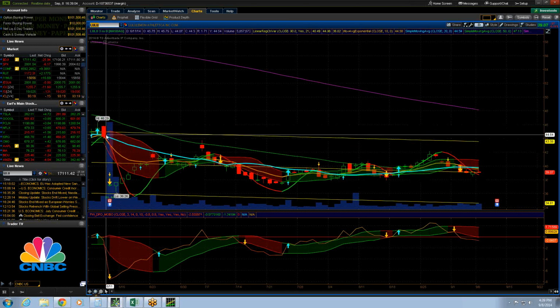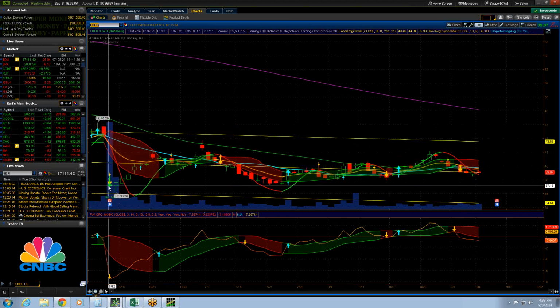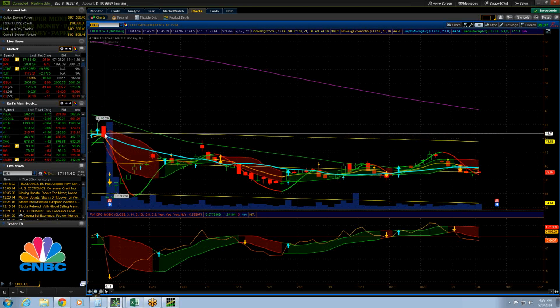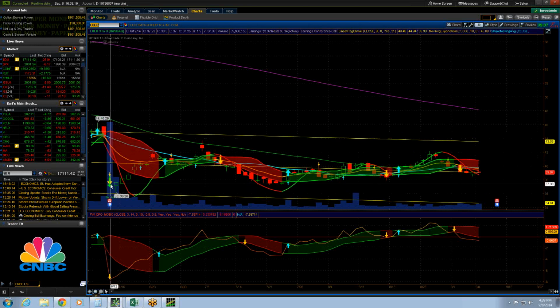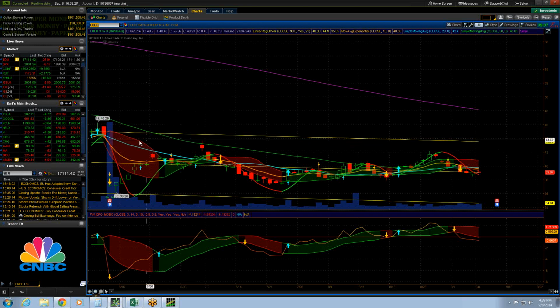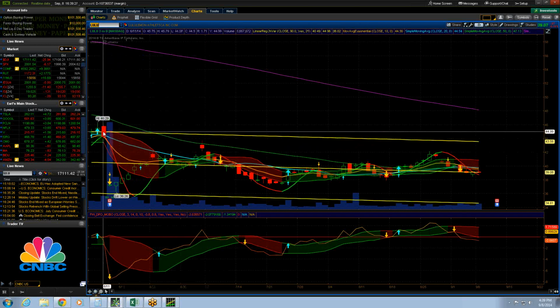And it never filled the gap right here. When a stock crashes like that and it's a good company, it will eventually meander and fill that gap between what it closed at prior to the bad announcement and what it opened at. It tried right here. It reached a high of $43.71, but this closed at $44.08, so it was just shy of filling that gap.